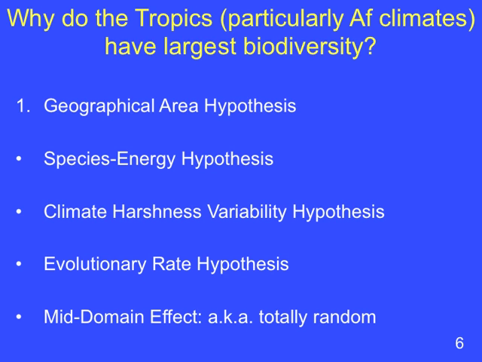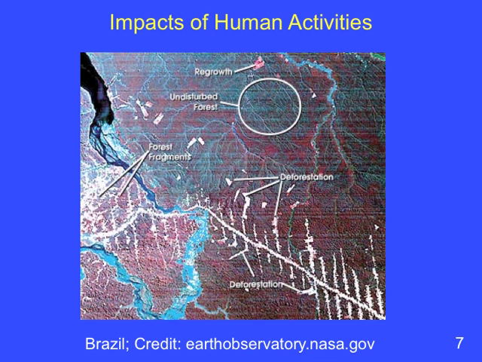Slide 7. So what are some impacts that human activities are having in the tropical rainforests? This satellite view from above Brazil, from the Earth Observatory website, shows us classic, what we call fishbone deforestation.